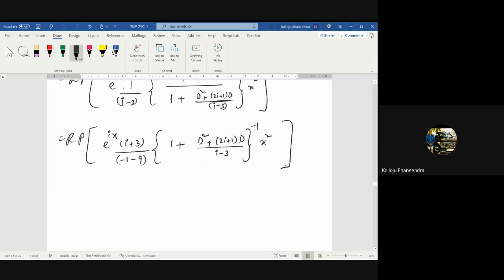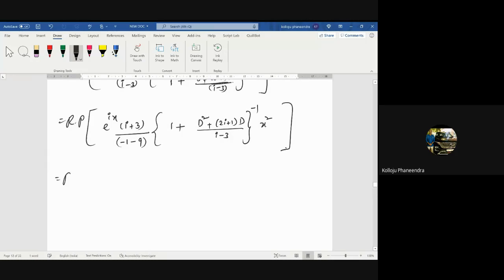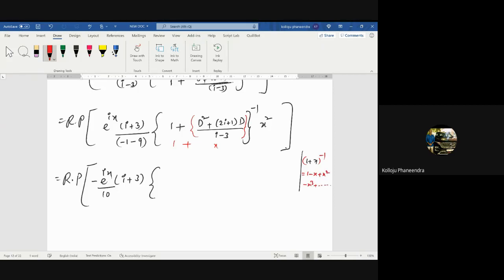Listen here, this step is very important. Real part of e to the power of ix, minus i plus 3 by 10. What is the expansion? 1 plus x whole power minus 1, where this total is x: 1 minus x plus x square minus x cube plus x power 4 and so on.